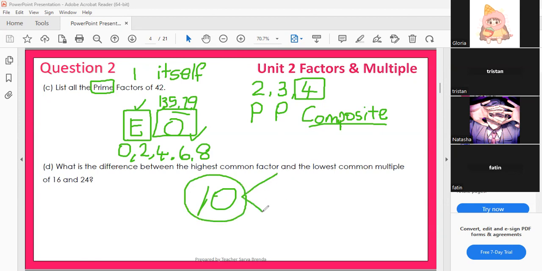How do I get 10? I take 2 and multiply by 5. 2 is a prime. 5 is a prime. So when you multiply prime numbers, you will get a composite. Any composite number, even if it's 10,000, when you break it down with the tree diagram like this, you will end up with all primes.